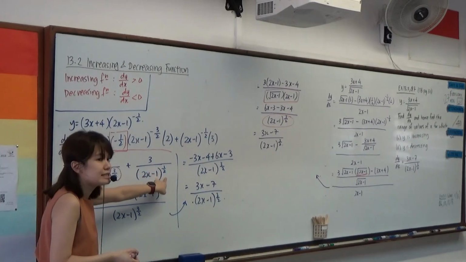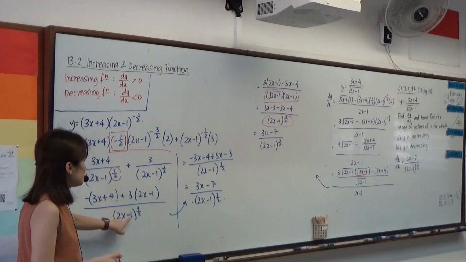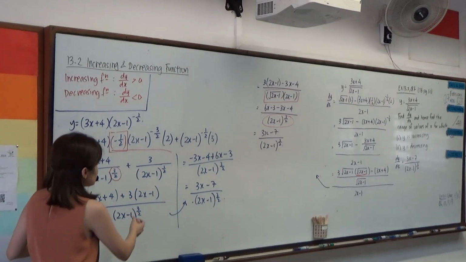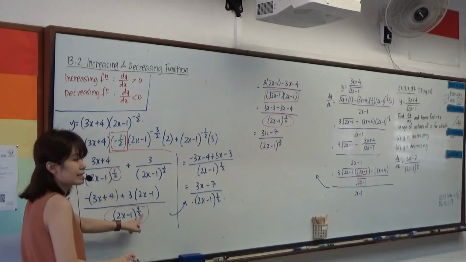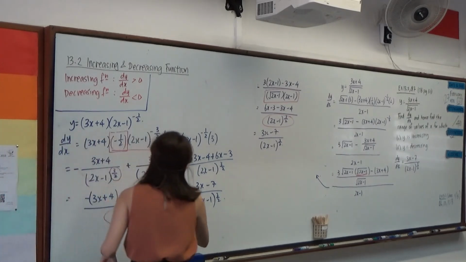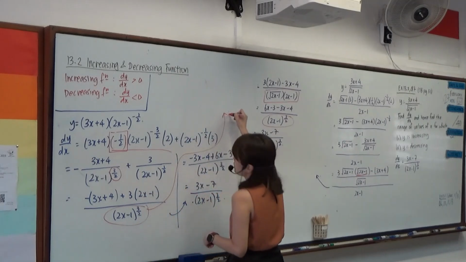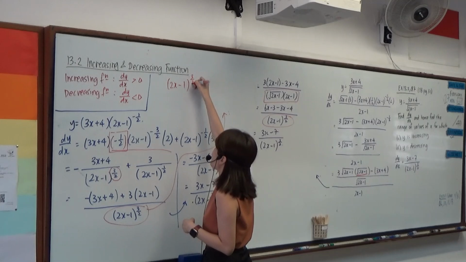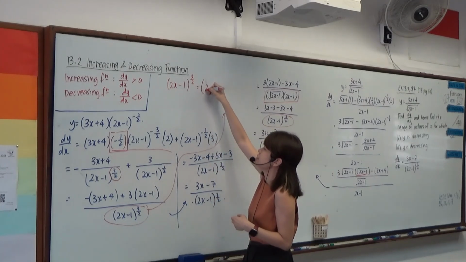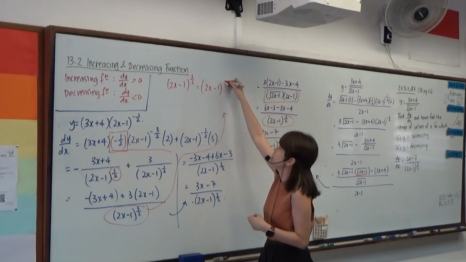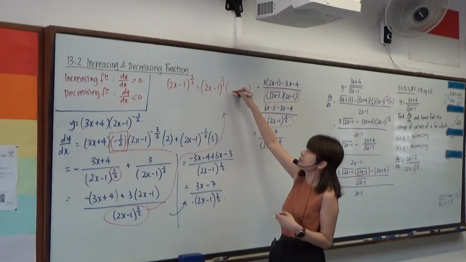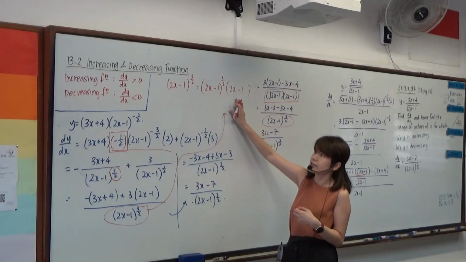So that means this half over here, I need to multiply with something in order to get a 3 over 2. So we understand what this actually tries to mean. Let me arrow it up here. 2x minus 1 to the power of 3 over 2 means that we have 2x minus 1 to the power of half, and we want to multiply by something which is also 2x minus 1.